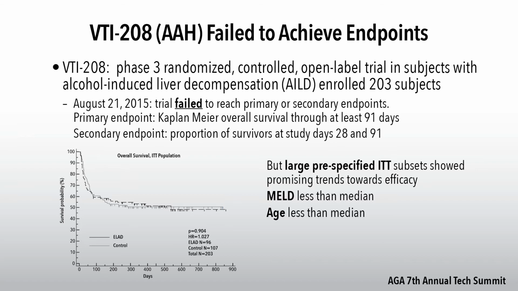Personally, I thought, well, gosh, this is really terrible. But when we started analyzing what went right and what went wrong, we found there's a cohort of patients in which the liver injury and the total body injury is not as advanced.